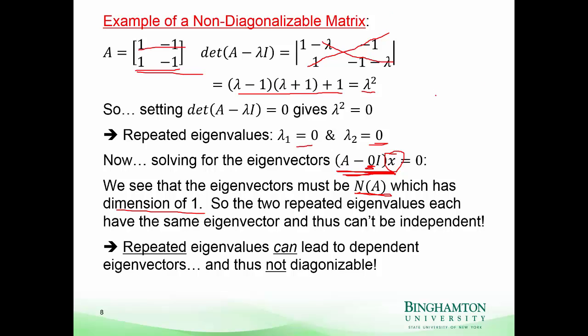So repeated eigenvalues can lead to dependent eigenvectors, which would make the result not diagonalizable. I misspelled this here. It should be diagonalizable. So repeated eigenvalues can lead to this, but don't have to lead to this.